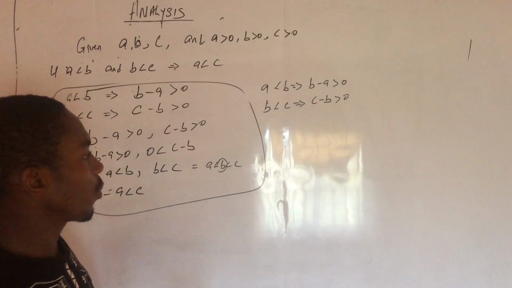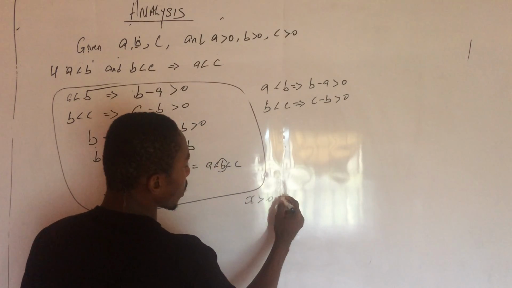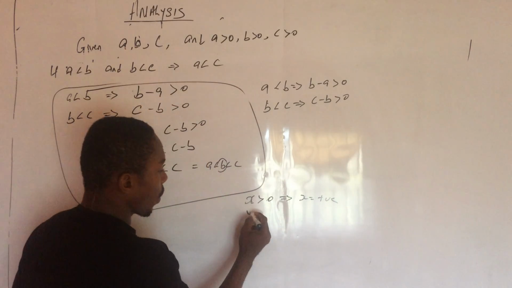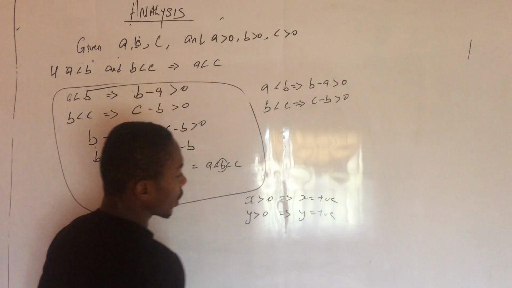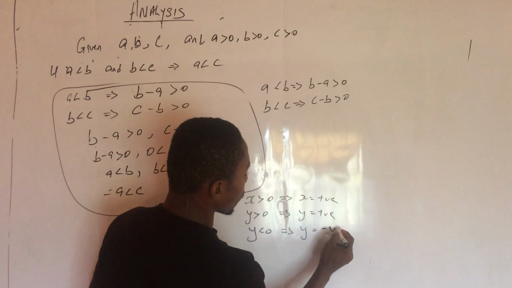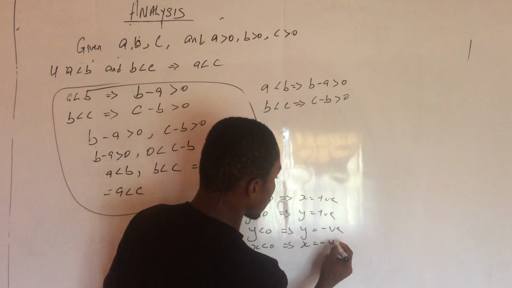So remember what I told you before, that when I say x is greater than 0, this simply implies that x is what? Positive. Y greater than 0 simply implies that y is what? Positive. But y less than 0 implies that y is what? Negative. And x less than 0 implies that x is what? Negative.